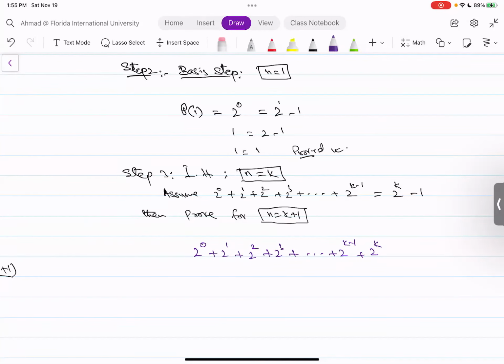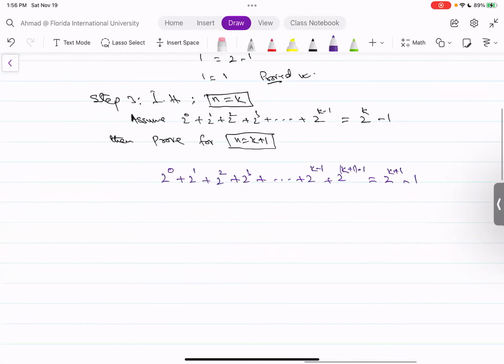You can also think of it like this: instead of k, you substitute k plus 1 minus 1, which turns out to be k once again. But anyway, to make it simple, this is this one. And on the right hand side, I substitute k plus 1 for k, so 2 to the power of k plus 1 minus 1.